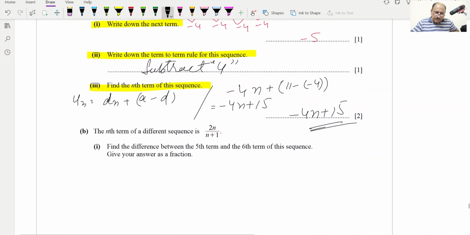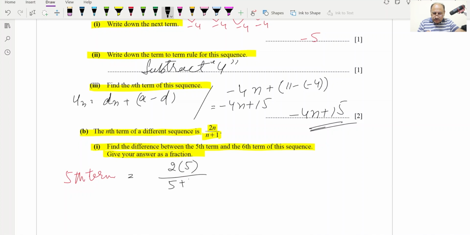this will be the formula for the nth term. Now they are saying the nth term of a different sequence is this one. Find the difference between the 5th term and 6th term of the sequence. Give your answer as a fraction. So for the 5th term, if we replace n with 5, we will get 10 over 6.